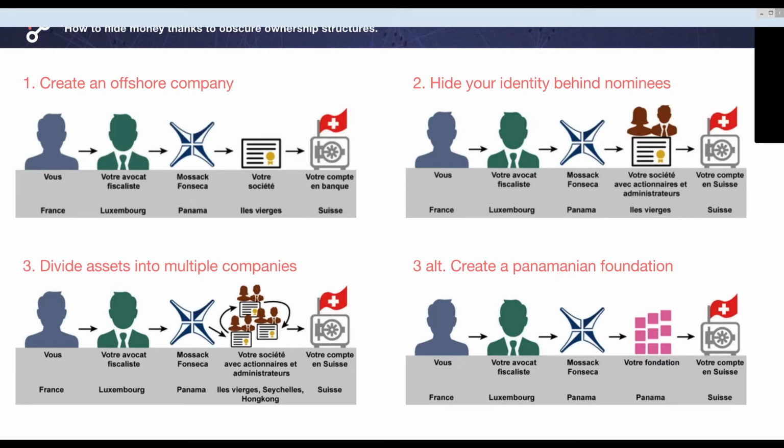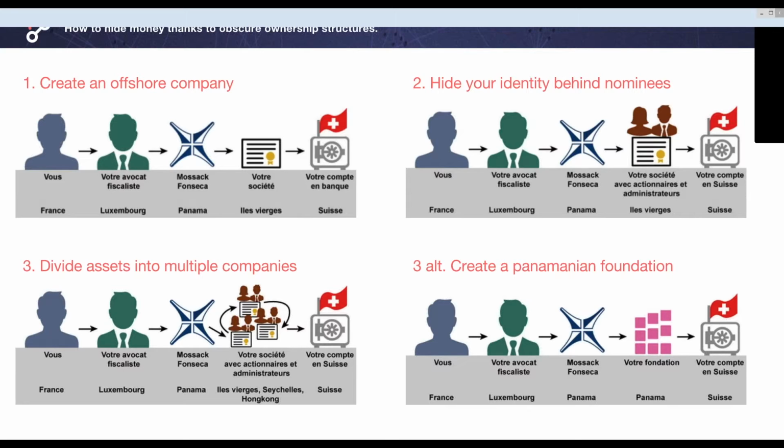So the Mossack Fonseca customers would contact lawyers around the world, not necessarily directly Mossack Fonseca, which is a firm situated in Panama. Could be someone around the corner in London or in New York, but also in Luxembourg.